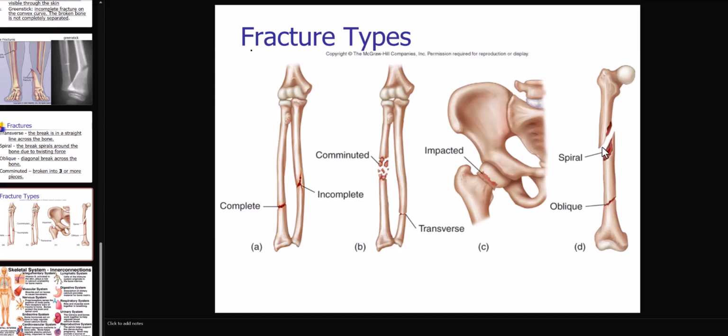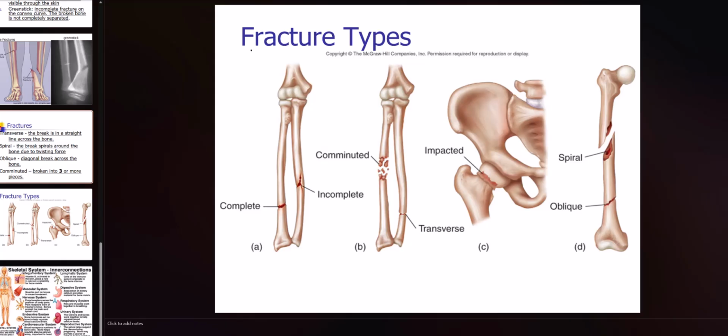Here we can see more of a spiral fracture. And then over here we can see more of the comminuted. We see the shattering of the bone. And that certainly is going to require some extra surgical assistance to clean up those little pieces, but also to assure that there's plates and screws that are going to help bring those two pieces of bone together.